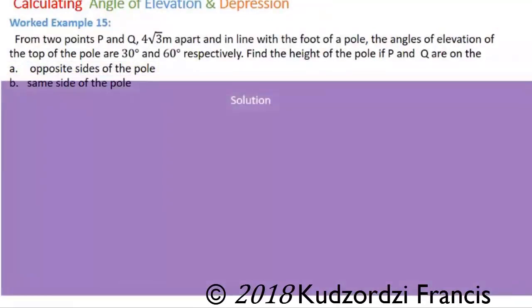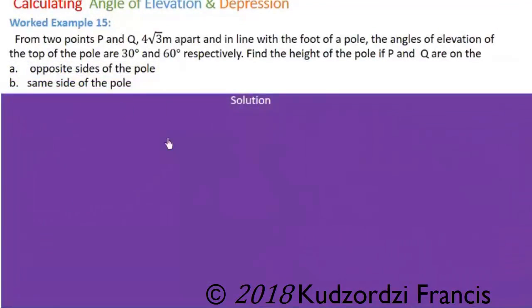And our last example, from 2 points P and Q. So let this be the pole. Then we assume that they are on opposite sides at first.